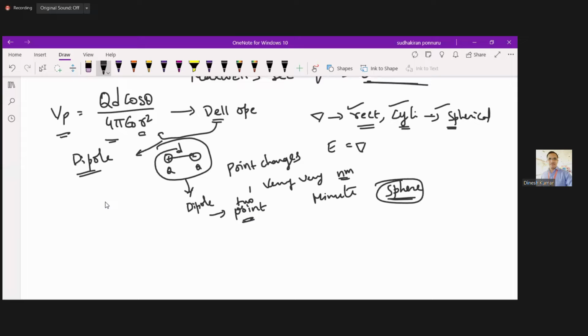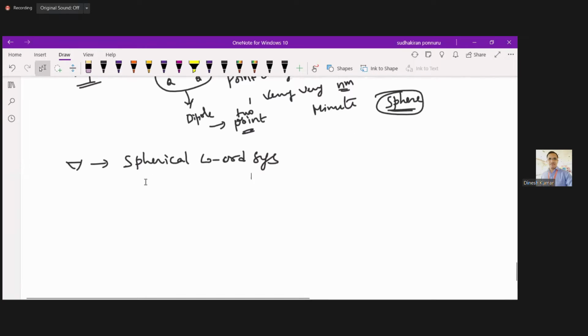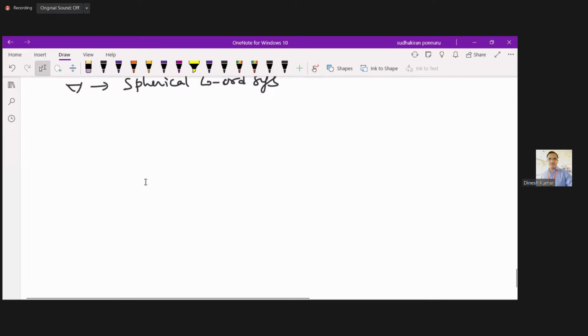What are we going to take? We are going to take the formula for the del operator for the spherical coordinate system. If you want, you can go back to your previous pages and verify. The spherical coordinates are r, theta and phi, so we write the del operator with respect to r, theta and phi only.